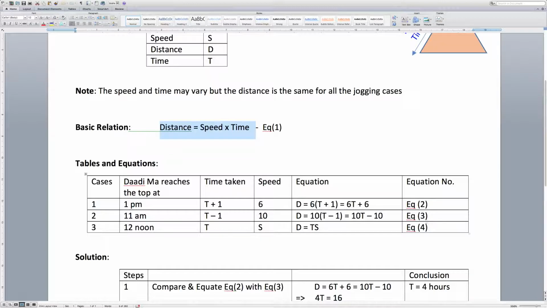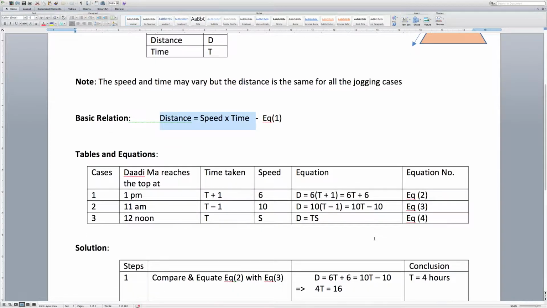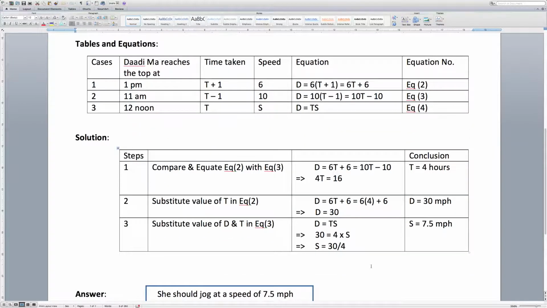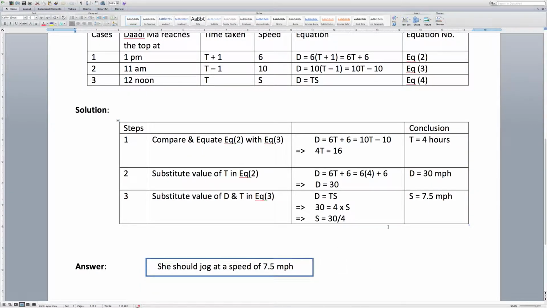And then, once you have all these equations, keeping in mind what your objective is, you're taking a step-by-step fashion by manipulating your equations so as to finally come to conclusions. So these are all the intermediate conclusions, and finally your objective was to find the speed, which is this.